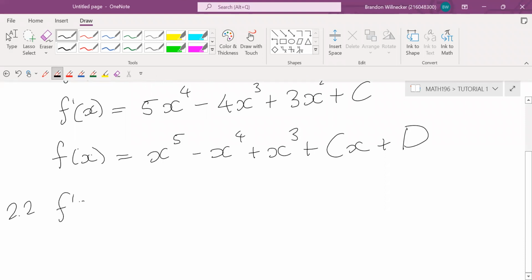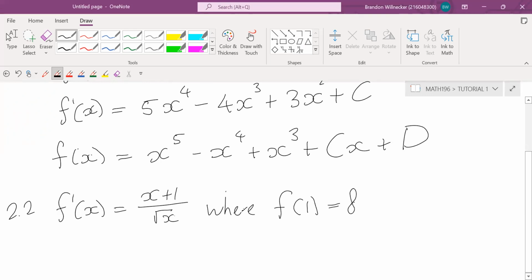So we have f prime of x is equal to x plus 1 over root x, where f at 1 is equal to 8. So here we're given a bit more information.